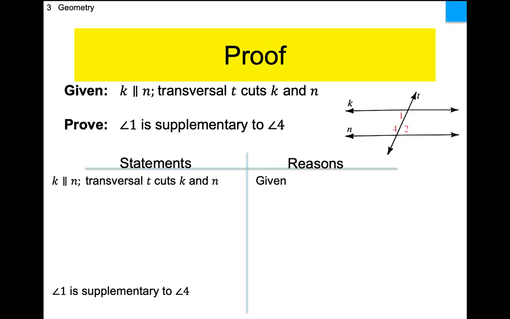You've got to tell me the geometric way of writing that they add to 180. So literally, what am I going to write? How do we write that they add to 180? Perfect, 100%. And the reason?